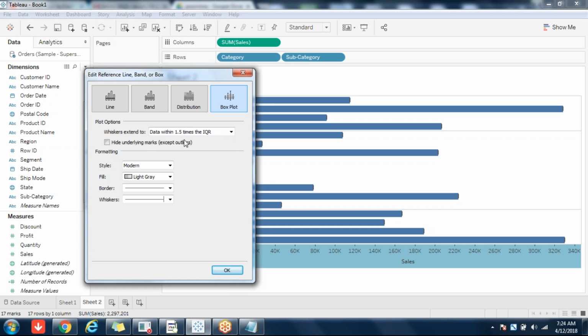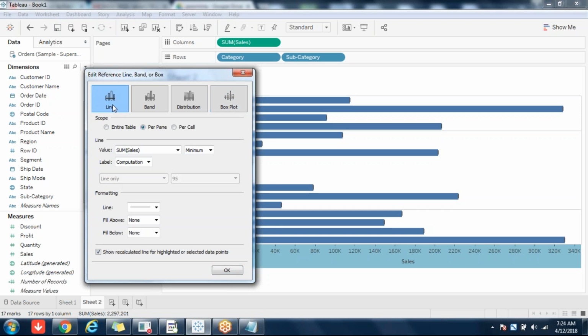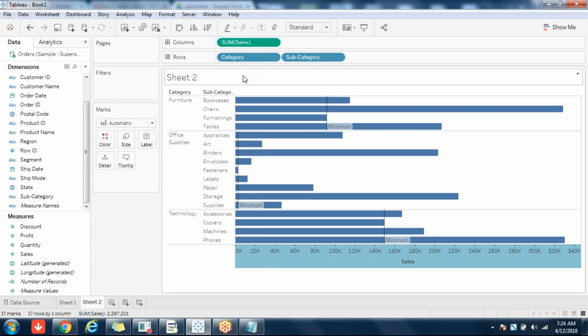Or 1.5 times, it's up to you. I'll tell you what all these keywords in box plot mean. Now these are different concepts of reference lines, just an extension of reference lines only: band, distribution, box plot. That is how you highlight and understand the data with respect to some standard data points. That's when you go for all these things.